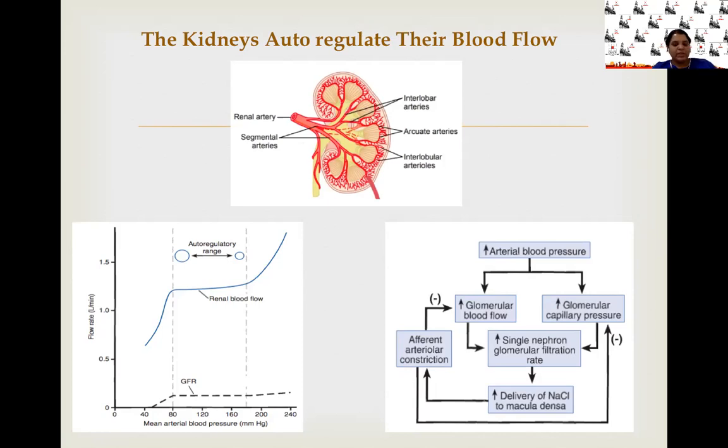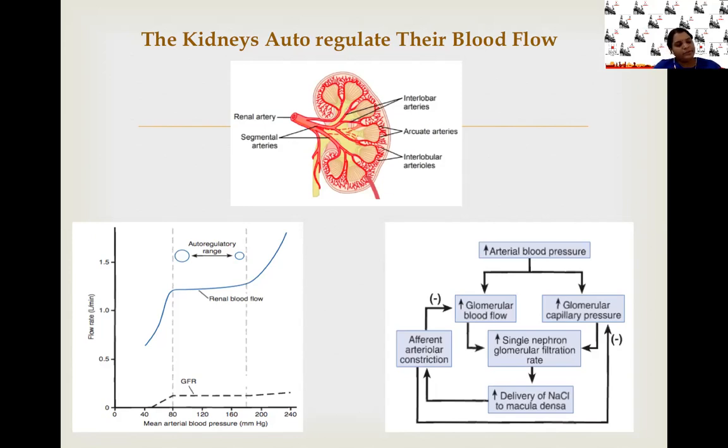Though it is receiving roughly 20% of the cardiac output, and much more oxygen than is required, this oxygen is shunted into the veins before the blood enters the capillaries, and hence though it is getting high oxygen, kidneys are prone to ischemic changes. That is, they are sensitive to ischemic changes.